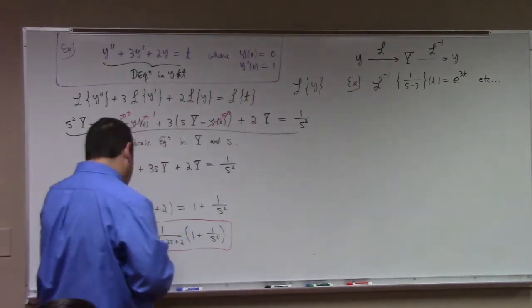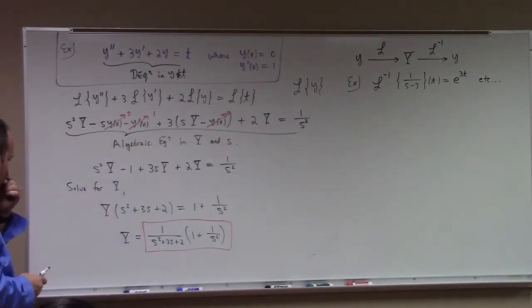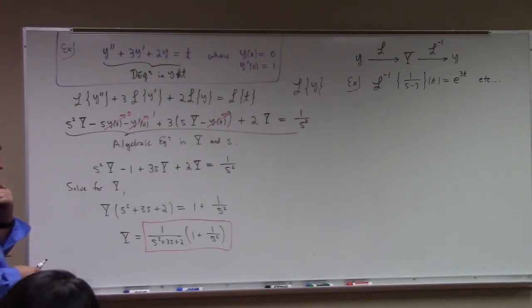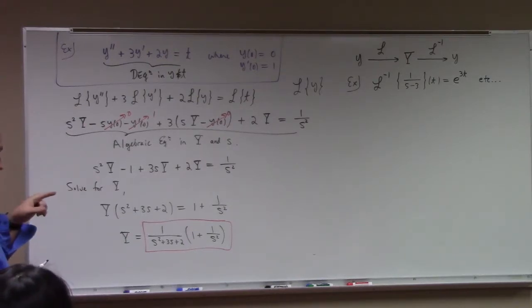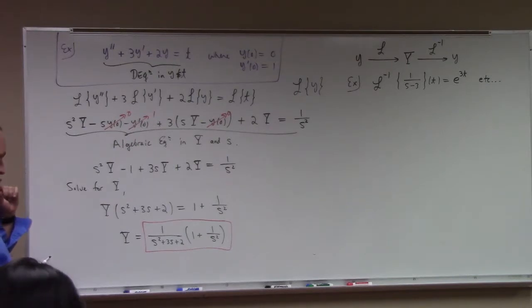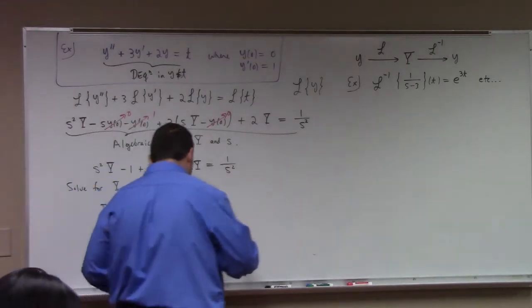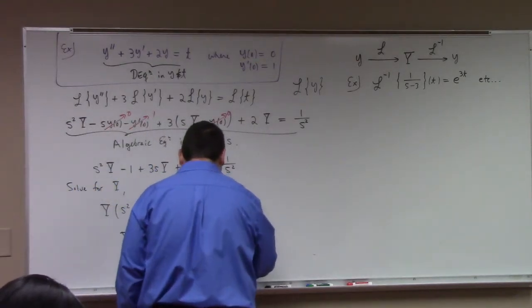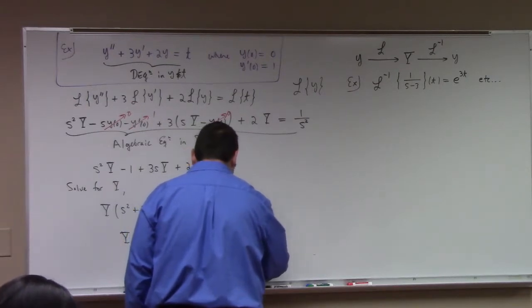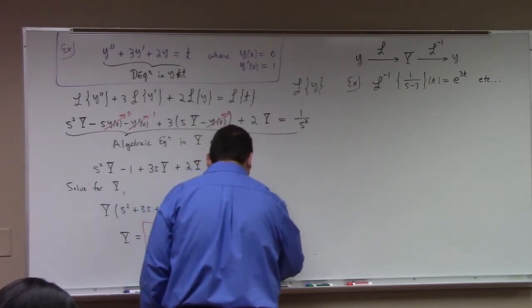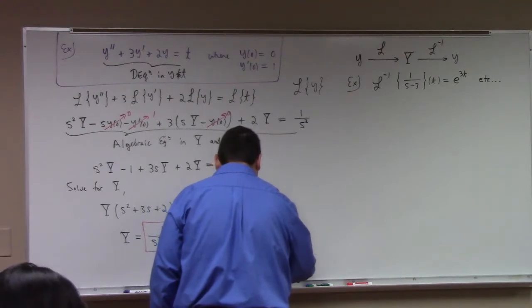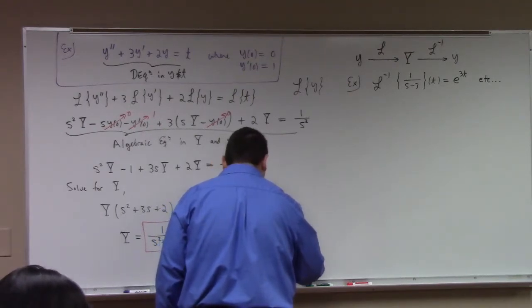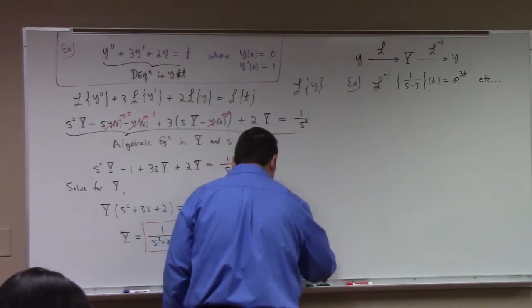So what I do when I look at this, I say, okay, I'm not sure what's the wisest course going forward, but essentially, we're going to be able to see that this is something like a over s plus b over s squared plus c over s plus 1 plus d over s plus 2.